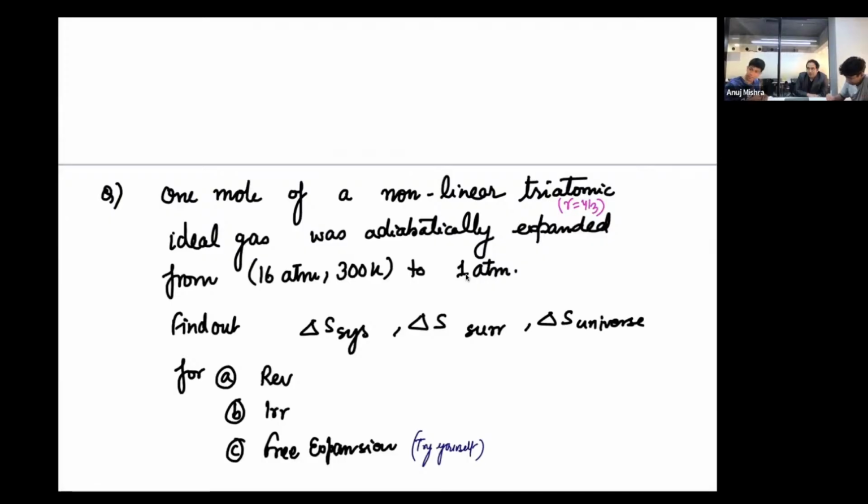That's what you're finding. You only have to find T2. Once you get T2, you will know the end condition. Then I'll tell you what to do next. First, don't find T2 directly. Is there a formula? No, we will derive a formula.